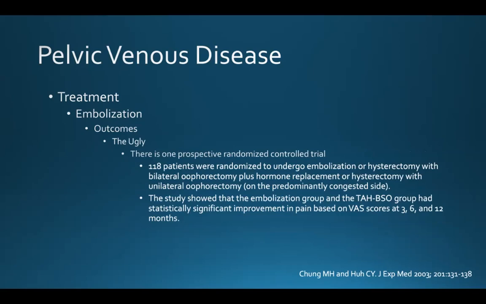This study looked at 118 patients who were randomized to undergo embolization or hysterectomy with bilateral oophorectomy plus hormone replacement, or hysterectomy with unilateral oophorectomy on the predominantly congested side. This study showed that the embolization group and the TAH bilateral oophorectomy group had statistically significant improvement in pain based on visual analog scores at 3, 6, and 12 months.